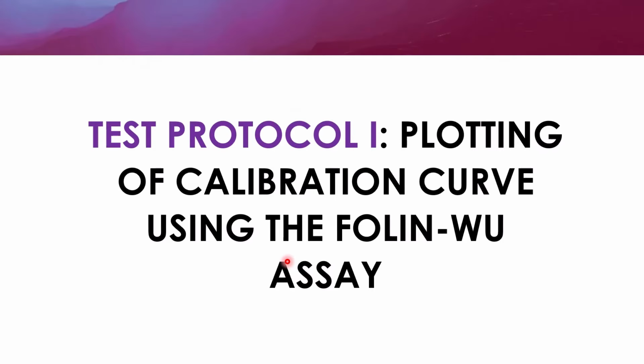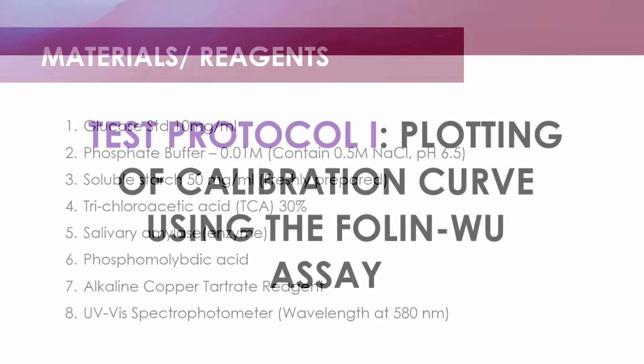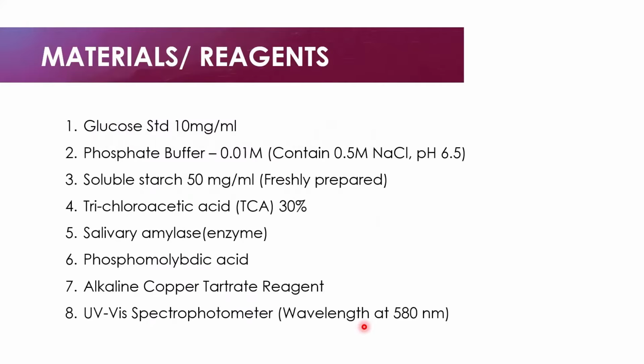So let's start by looking at the first method, which is test protocol 1, plotting of the calibration curve using the Folin-Wu assay. The materials or reagents that we are going to use in this experiment are: 1, the glucose standard of concentration 10 milligrams per ml, 0.01 molar phosphate buffer containing 0.5 molar sodium chloride of pH 6.5.